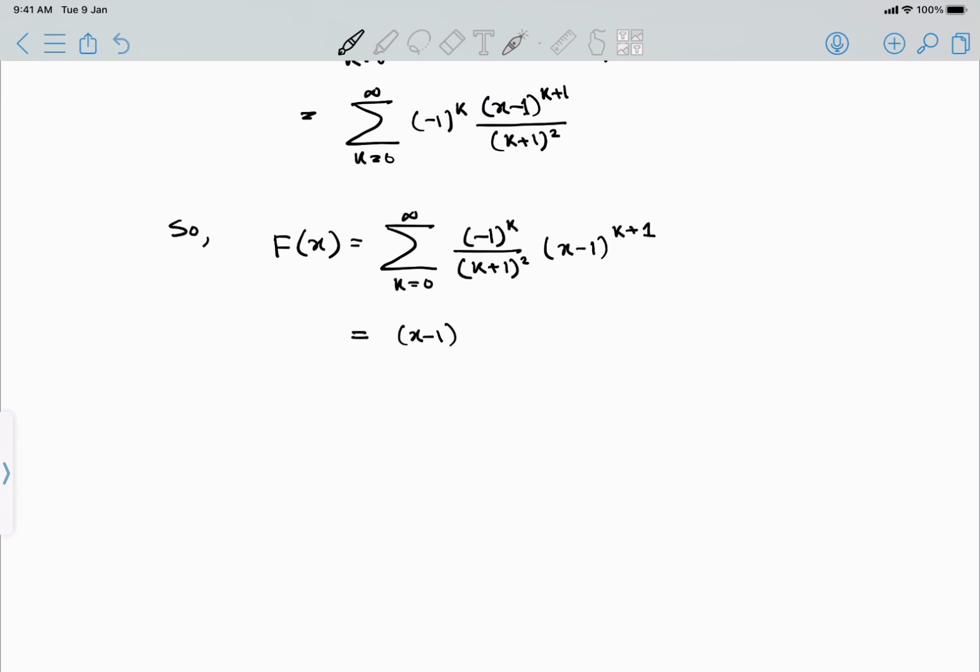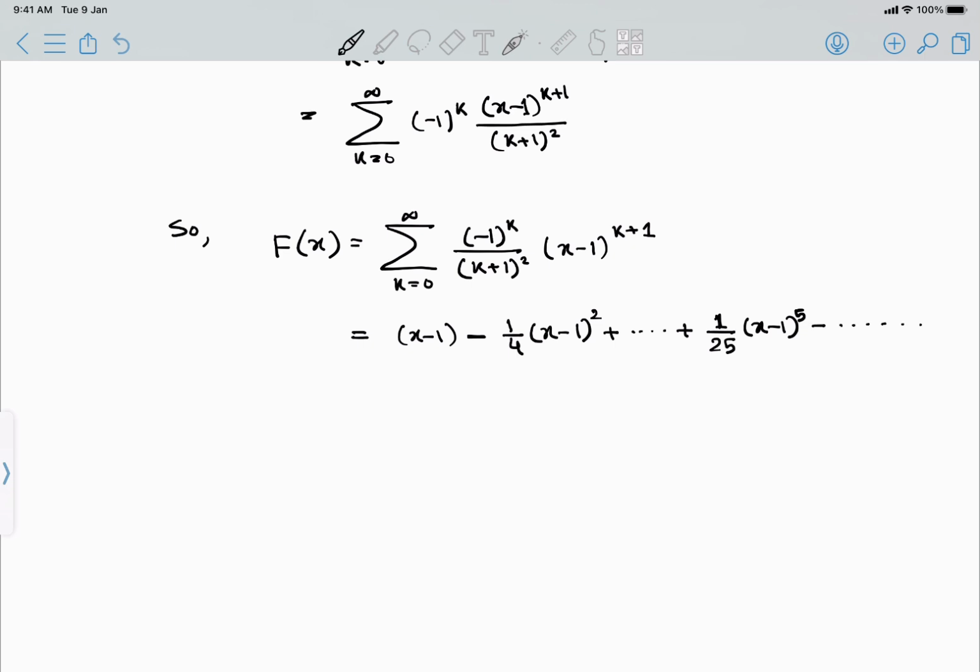For k equals 1, we get minus 1 by 4 (x minus 1) squared, plus dot dot dot. For k equals 4, you get 1 by 25 (x minus 1) to the power 5, minus dot dot dot.